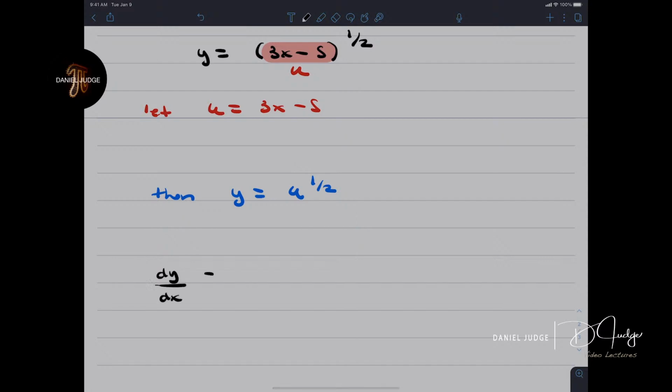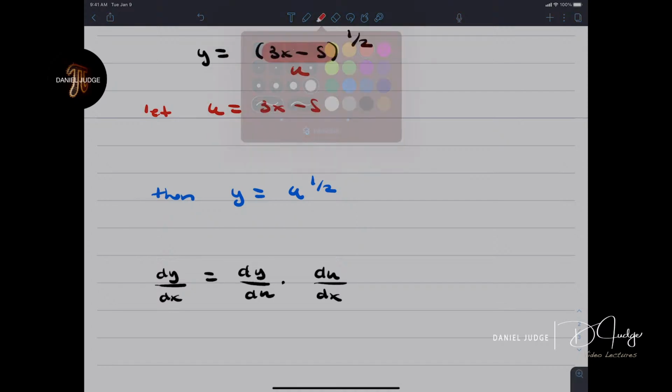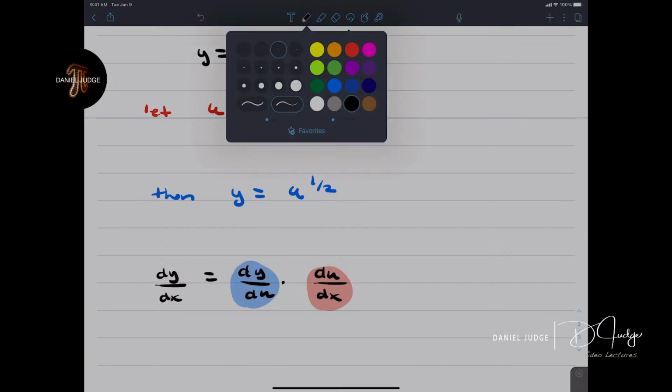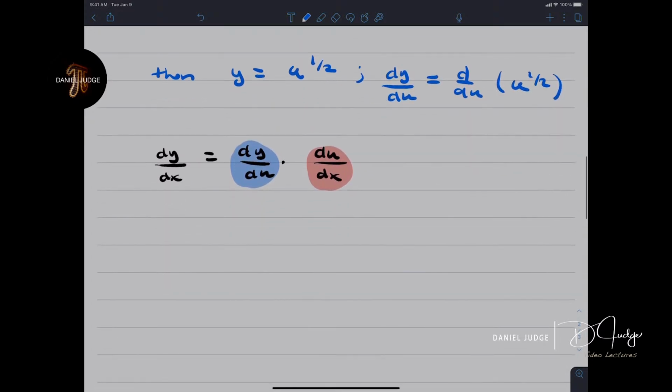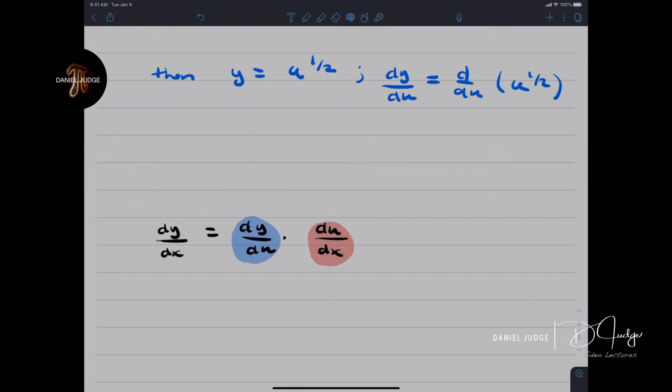Chain rule. dy dx is dy du times du dx. I'm going to focus on these colors. dy du is d du of u to the 1/2 power, and this is 1/2 u to the minus 1/2, which is 1 over 2 square root of u.